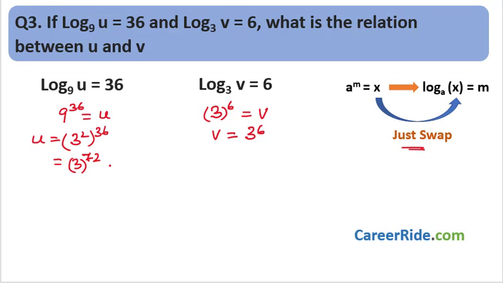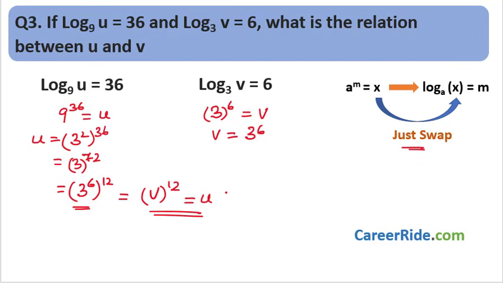Now this 3 to the power 72 can be written as 3 to the power 6 to the power 12, right? This 3 to the power 6 we just found is equal to v. So this is equal to v to the power 12, which is equal to u, and this is the relationship between the two, that is u and v.